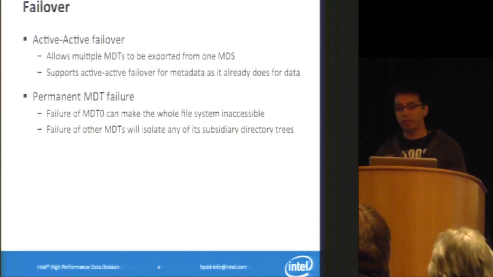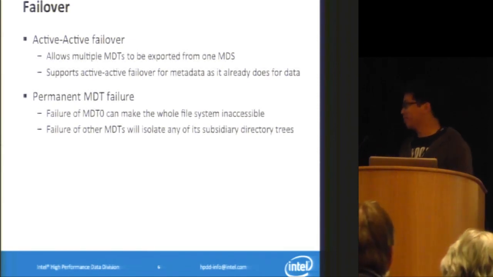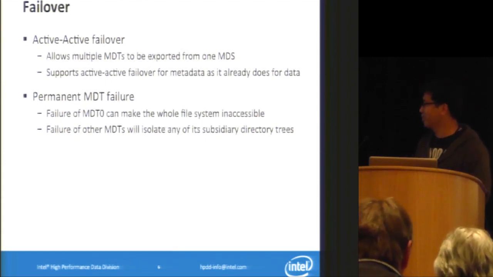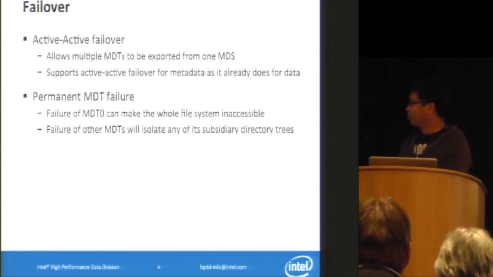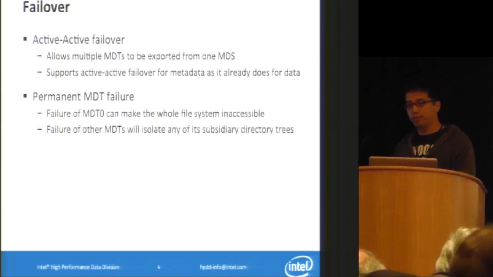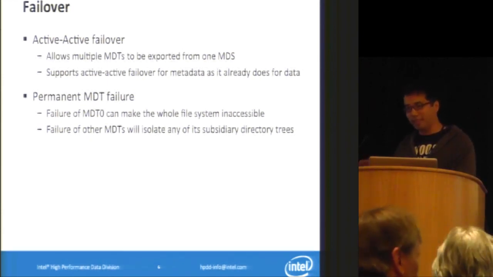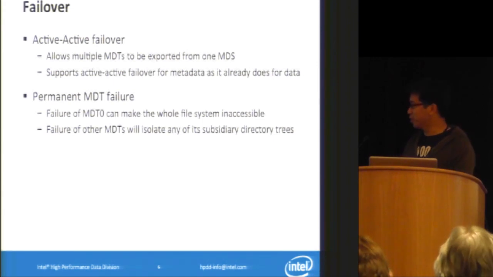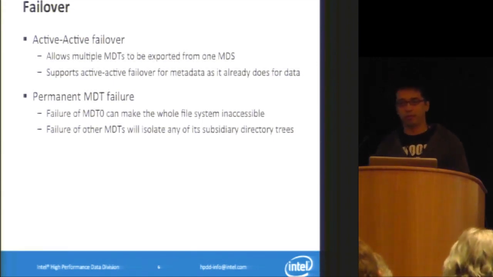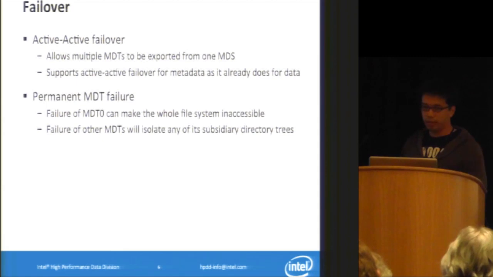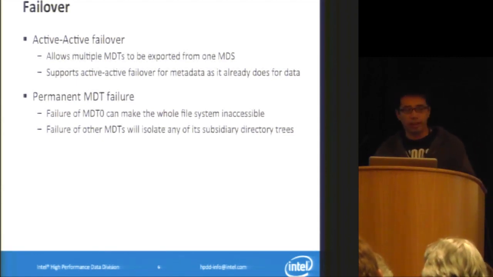It means if your MDT0 fails, the whole file system is inaccessible. That's not very good, but that's true for phase 1. If another MDT fails, the namespace on that MDT will become inaccessible. It means if you try to access the name tree on that MDT, you will probably get EIO or something.